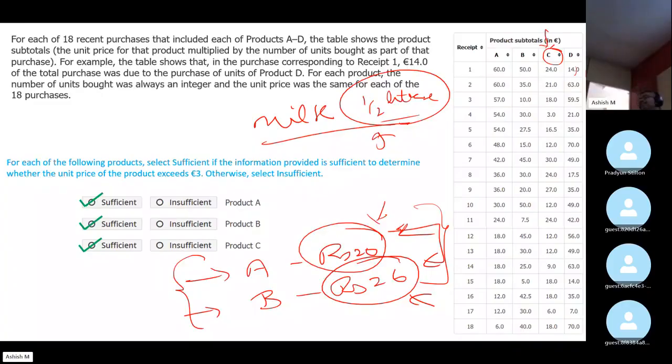I'm not saying it is 6. I'm saying not greater than 6. How can it be a maximum of 6? Okay, I'll tell you how. Good question.